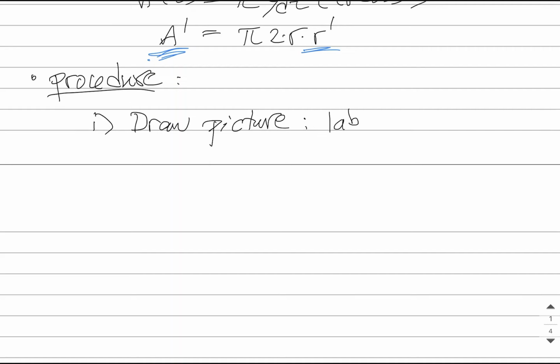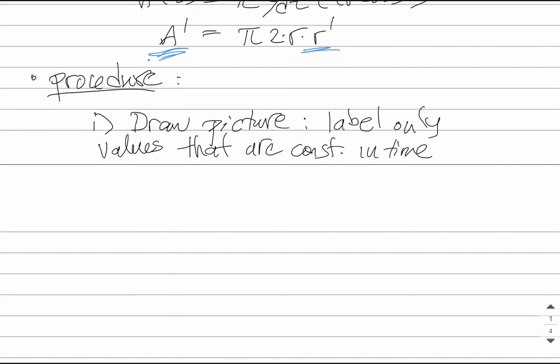Now, at the same time, we're going to be given many different values. Some of those values will change with respect to time, and some won't. So at this initial stage, we are going to label only values that are constant in time. And that's important. As you'll see later, things will change.